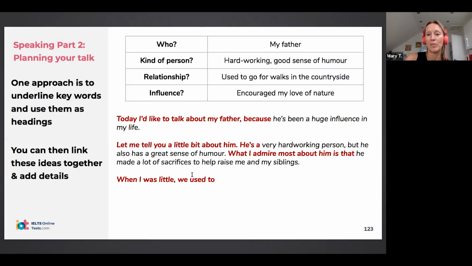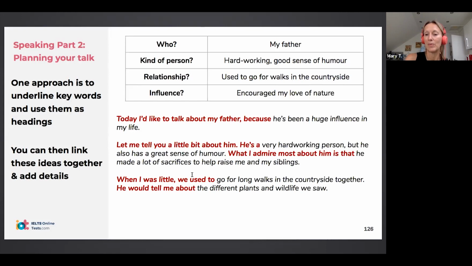When I was little, we used to go for long walks in the countryside together. He would tell me about the different plants and wildlife we saw. As you can see, this is a really good answer because it's using lots of different constructions. You've got the past tense there: when I was little, we used to, he would tell me about. So you're really showing the examiner what you know.